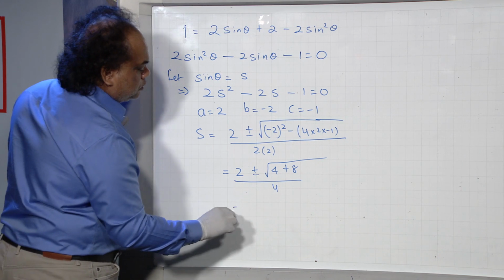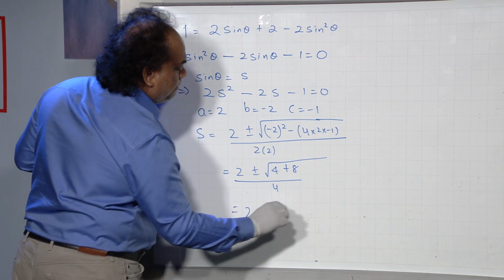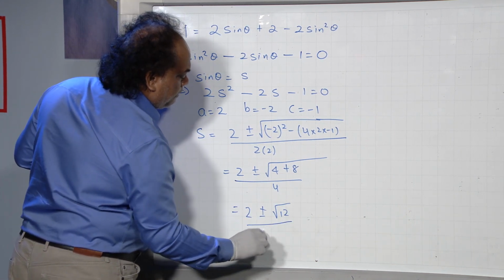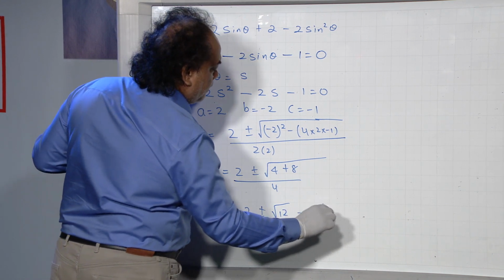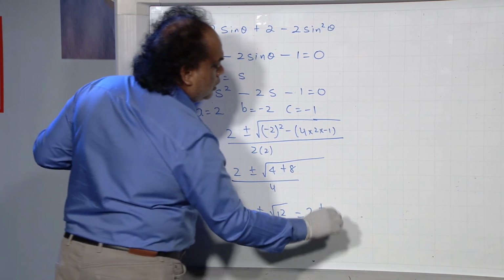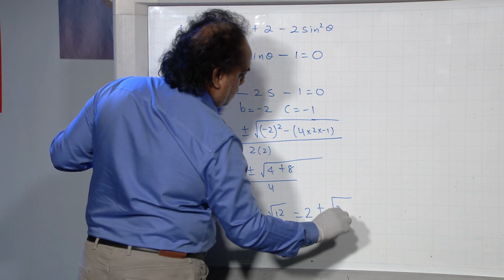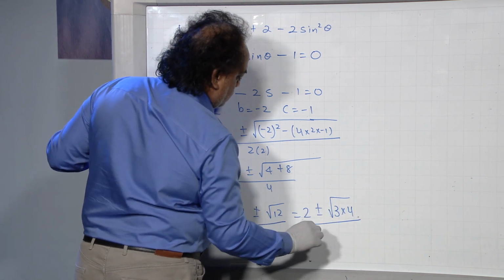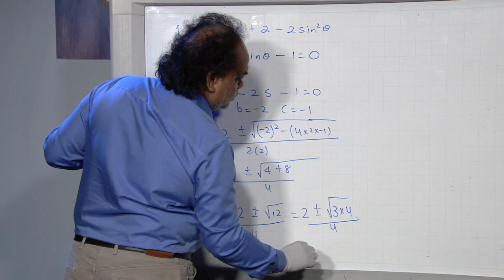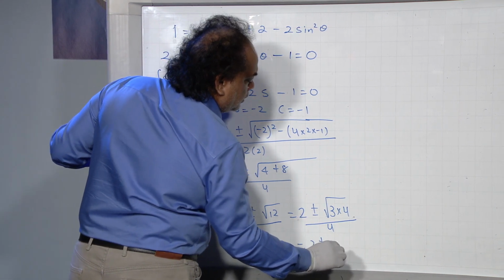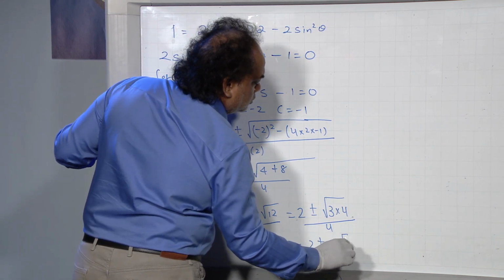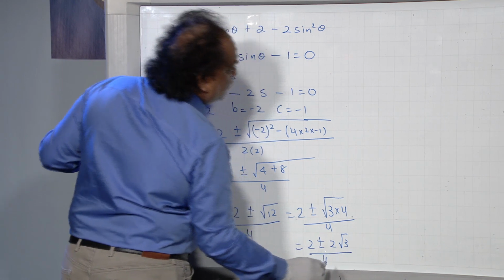So this gives us 2 plus minus the square root of 12, which is the square root of 3 times 4, divided by 4, so 2 plus minus 2 square root of 3 divided by 4.